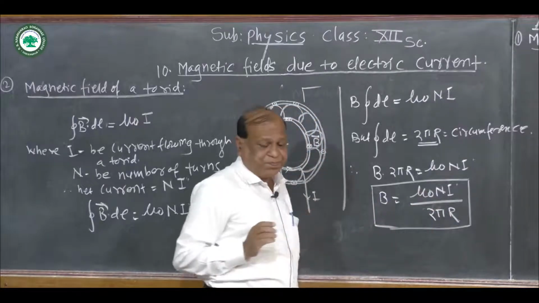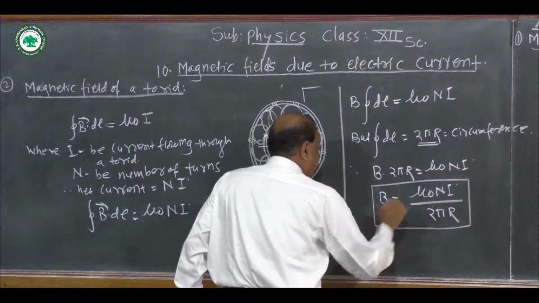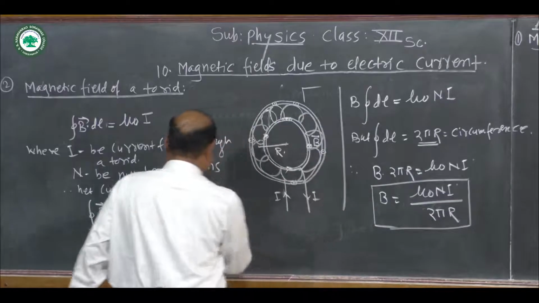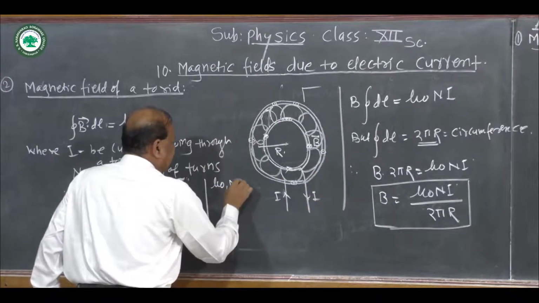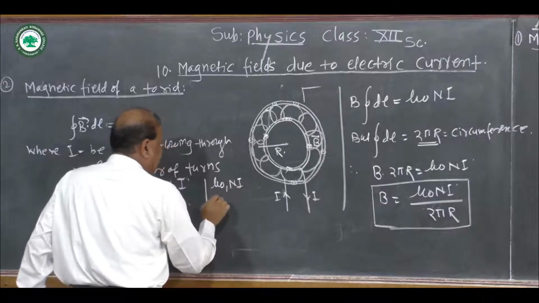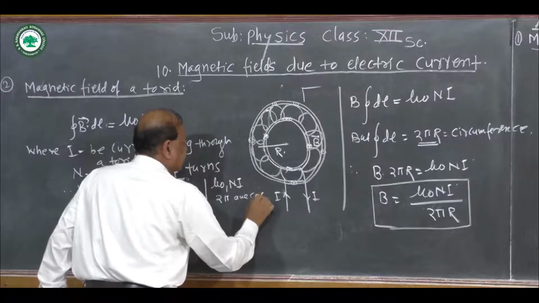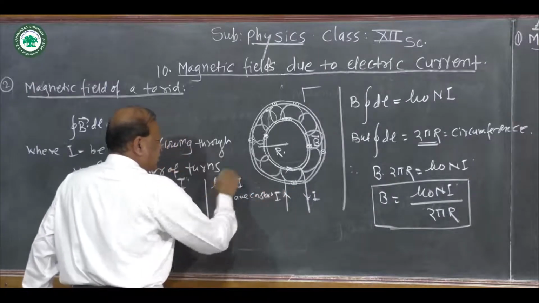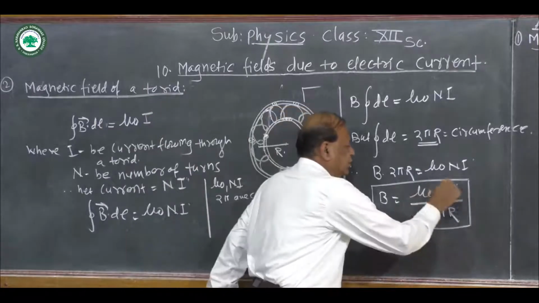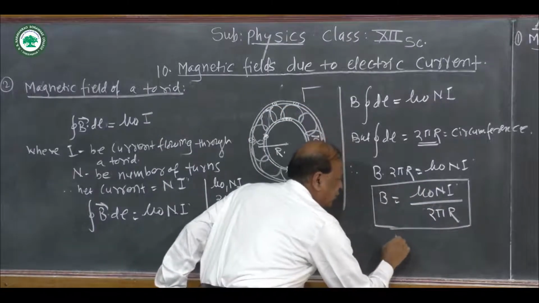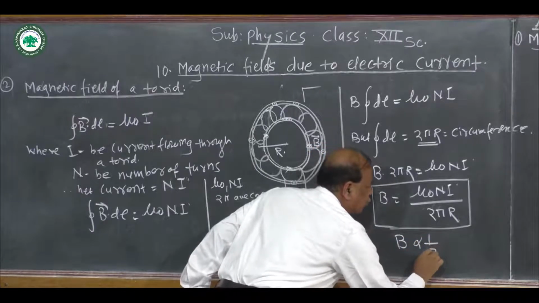Here mu 0, Ni the net current, and 2 pi are constants, so B is inversely proportional to r.